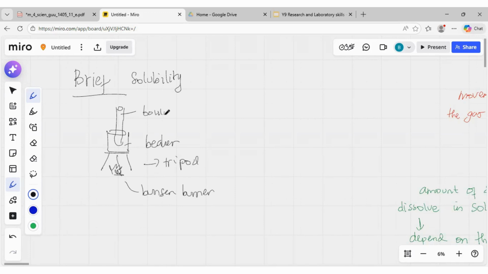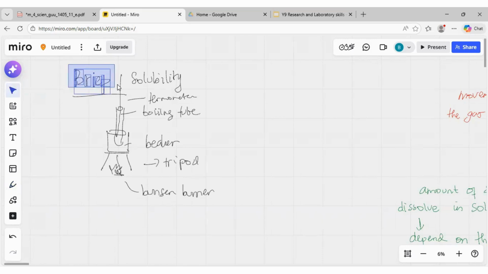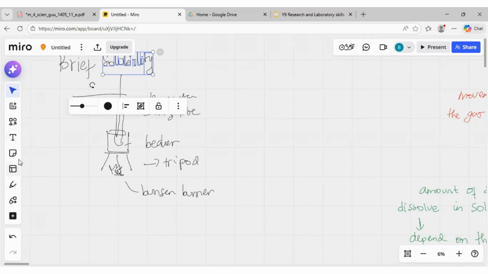And for the boiling tube, later on, you can insert a thermometer. Sorry, the writing is not clear, but that's actually the thermometer. Try to write quickly. So this is brief about solubility.